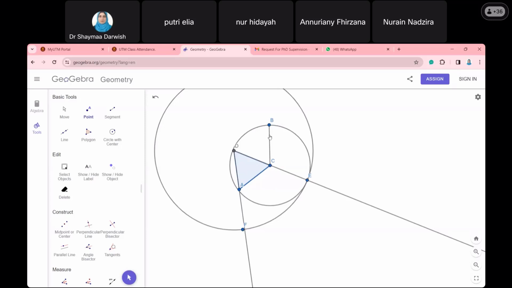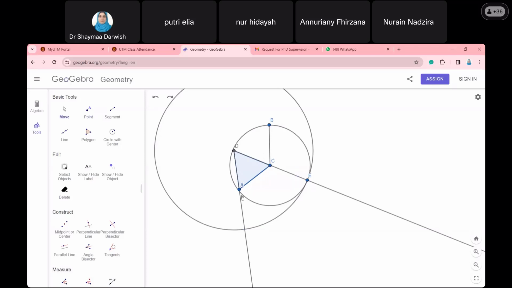Why is CE equal to CB? Yes, both are radii of the same circle. So CE is equal to CB.